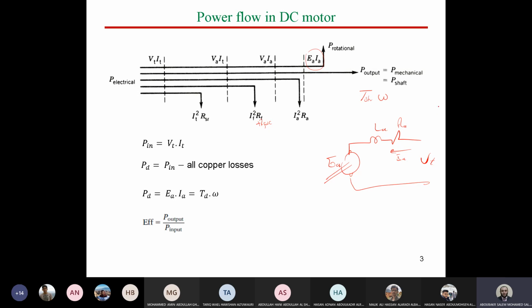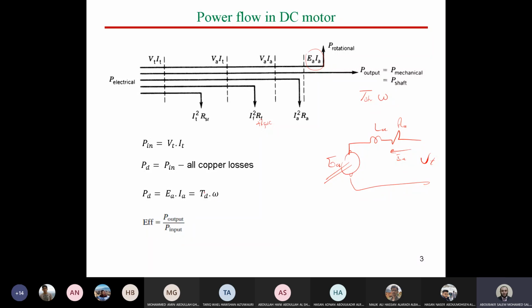Right. The torque, as we discussed, torque times omega equals the output power, and the torque itself can be calculated as a function of the machine. We will see how we can calculate the torque in the different types, separately excited, shunt, or series. And the developed power, we said, equals EAIA, equal to torque developed times omega.